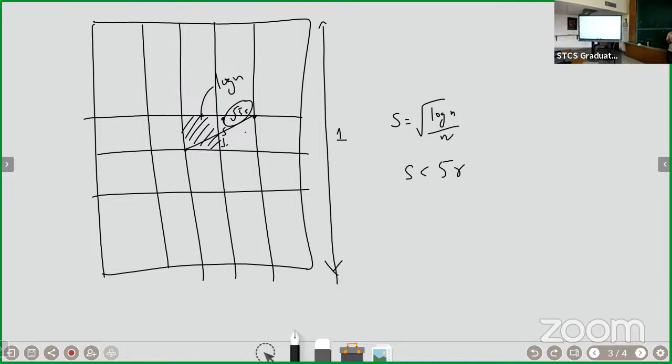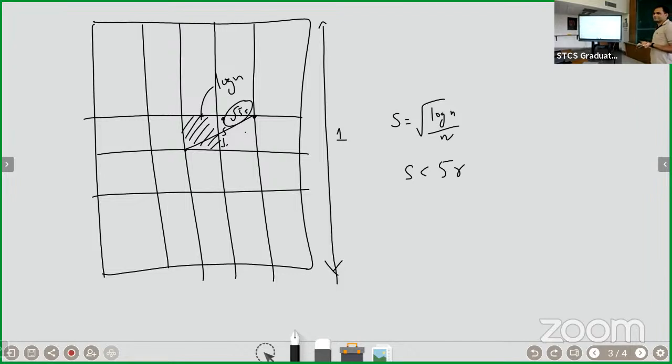So if there are only a constant number of colors, what happens inside the box? When I say box, I'm talking about the small box. I already know that there are log n people sitting here. What kind of connectivity can we guarantee here? Assigning constant colors, how many people are there with the same color?